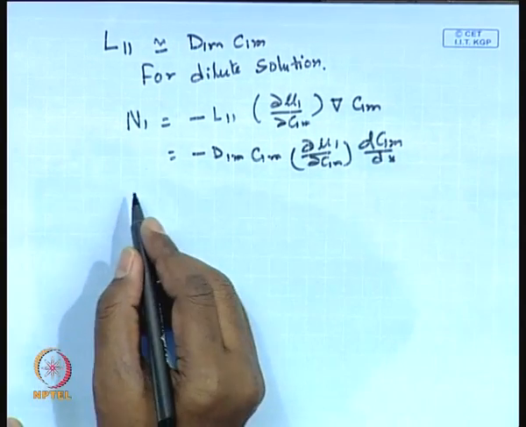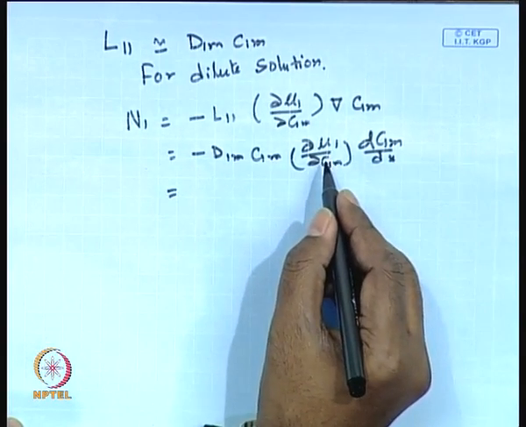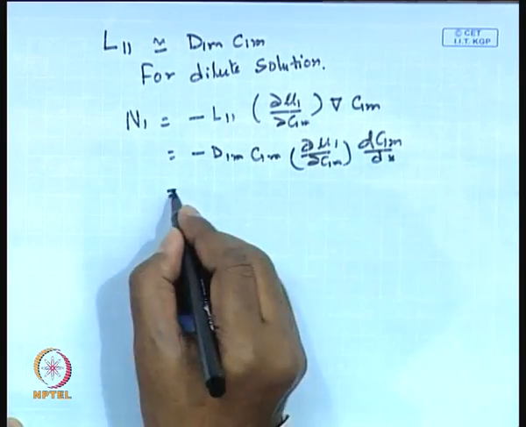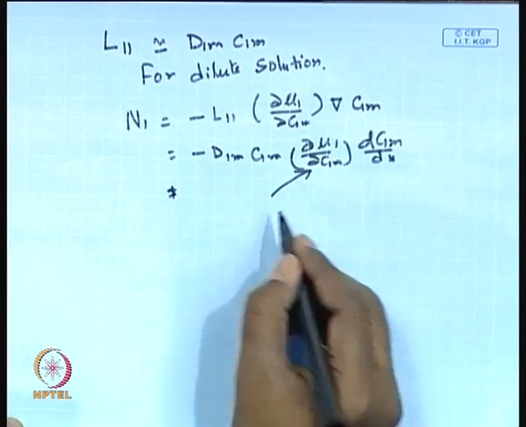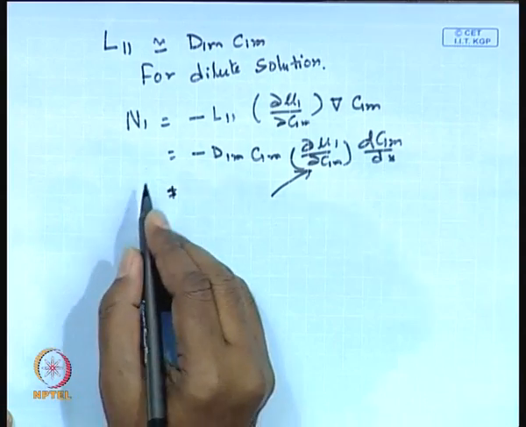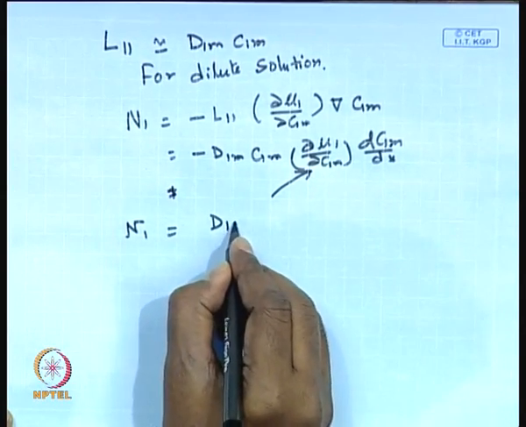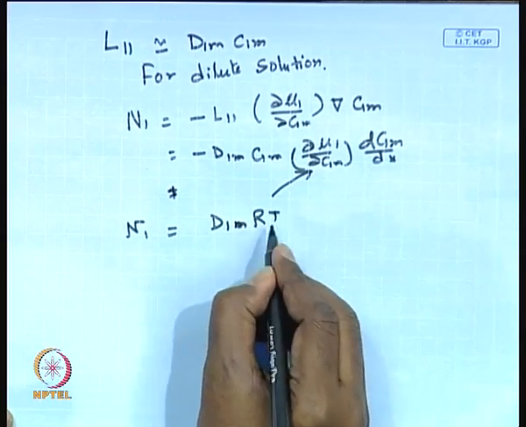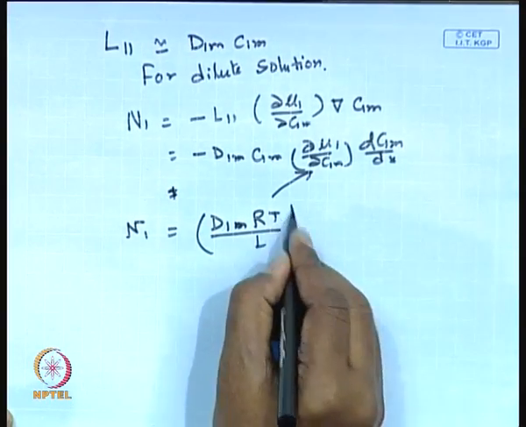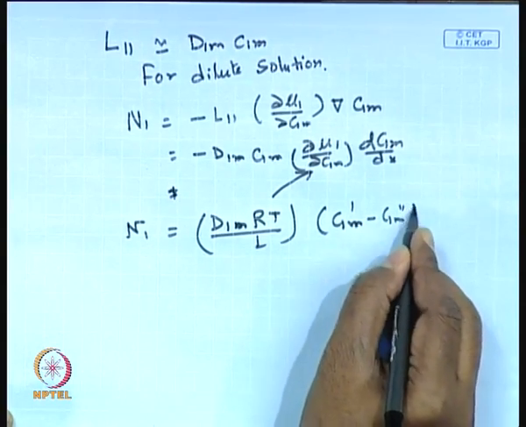If you integrate this equation and put the expression of del mu1 del C1m from the earlier derivation, it will give you the expression of solute flux as D1m RT divided by L times C1m prime minus C1m double prime.